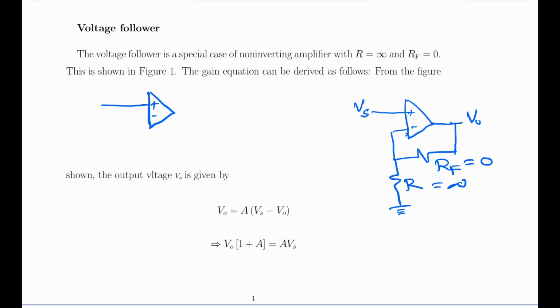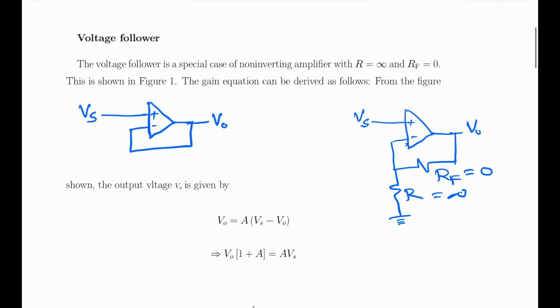This is Vs. Rf is 0, so that input and output are directly connected. What is the meaning of R equal to infinity?